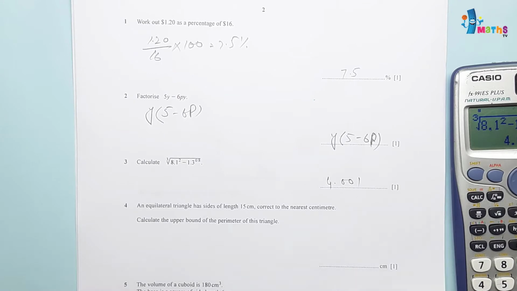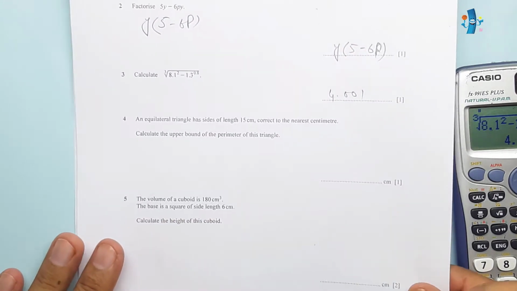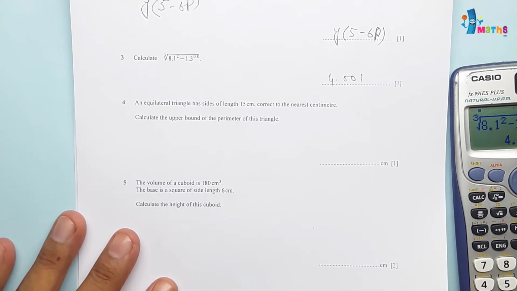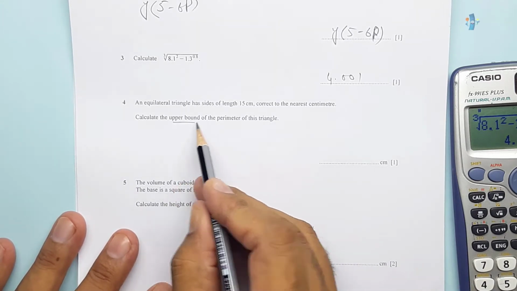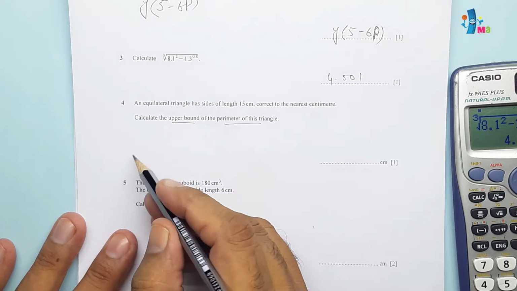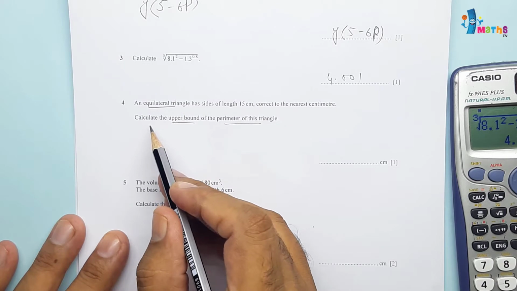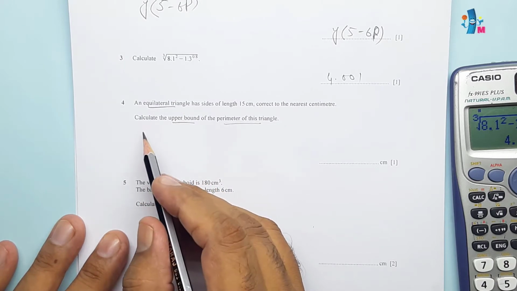Question number 4. An equilateral triangle has sides of length 15 correct to the nearest centimeter. Calculate the upper bound of the perimeter. This is an equilateral triangle, so all sides will be equal.